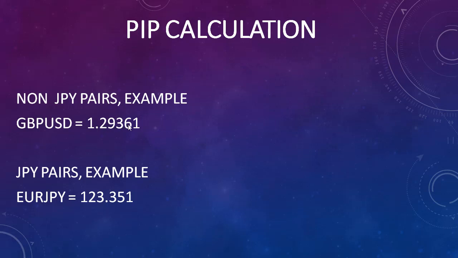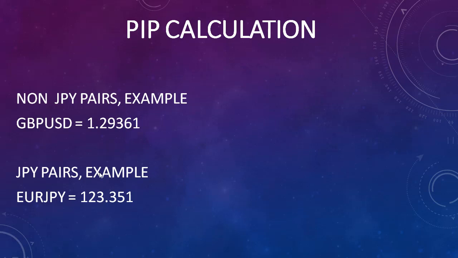Now, in the next video, I'll be showing you how this comes about, how we get to know that our PIP calculation has to start with the 4th number after the decimal point. We'll be talking about value per PIP calculation. So your PIP calculation for non-JPY pairs starts from the 4th number, in this case 6, after the decimal point.